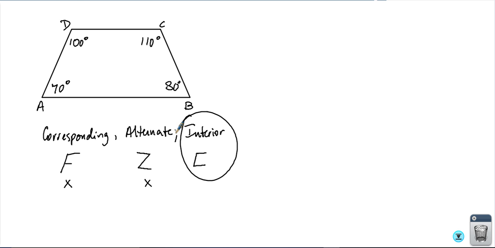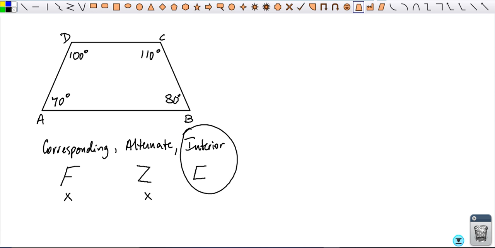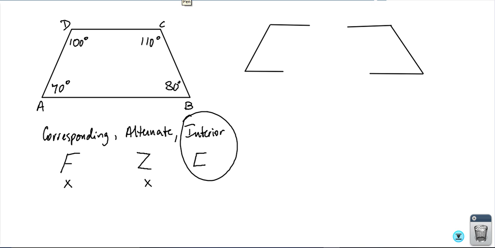Now, we have two interior angles there. Let me draw them separately so that it will be easier to notice. We've got one here, and we've got another one there. This is 100 degrees, this is 70 degrees, this is 110 degrees, this is 80 degrees.